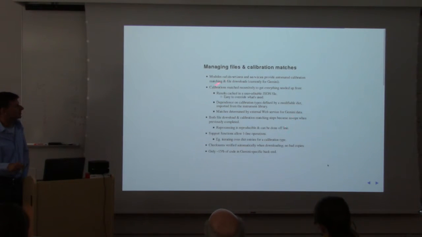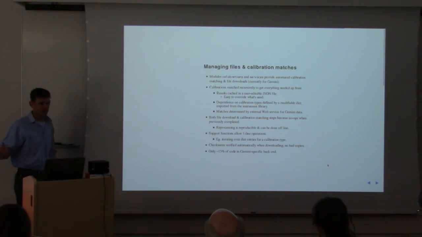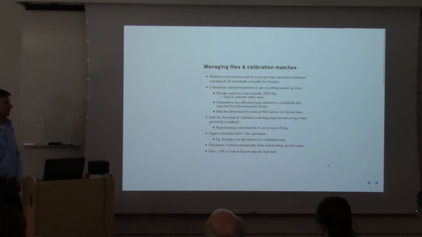Then these calibration and services modules allow you to look up, in this case for Gemini data, calibration matches, which are determined by an external web service. They allow you to look up calibration matches to your science data recursively, so you can get the flats for the science data and the biases, and then the biases for the flats and so on, till you've got everything you need.